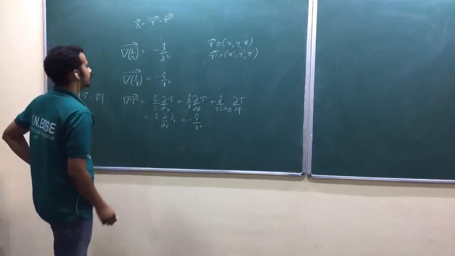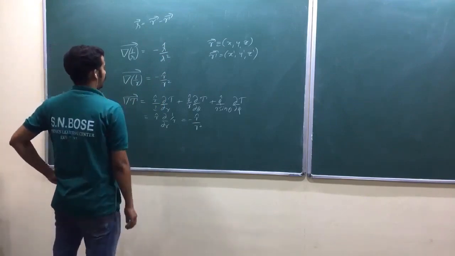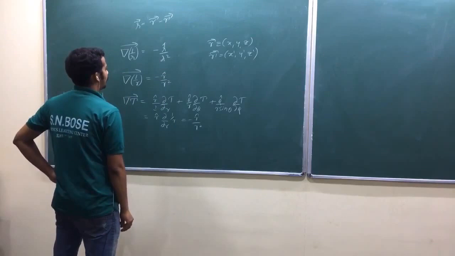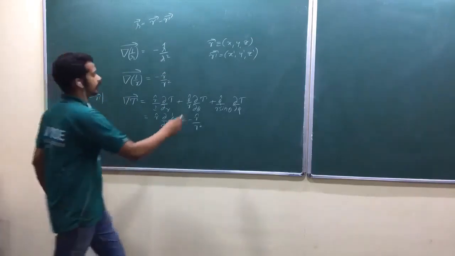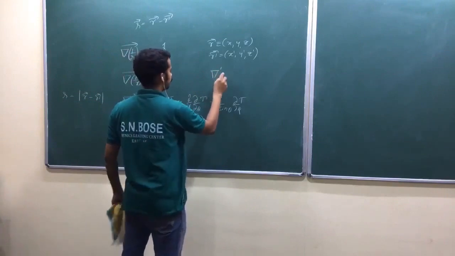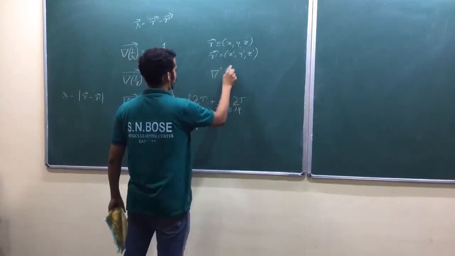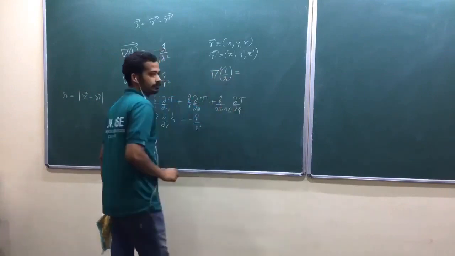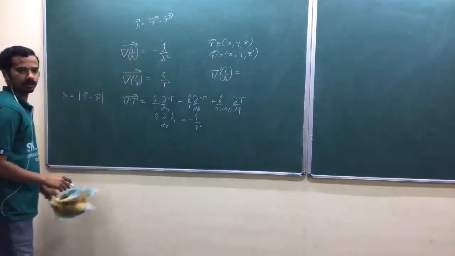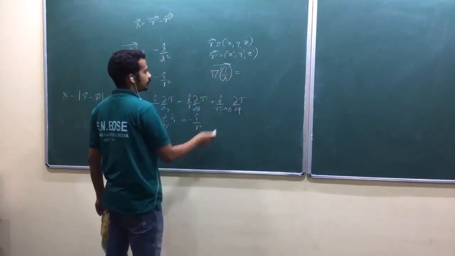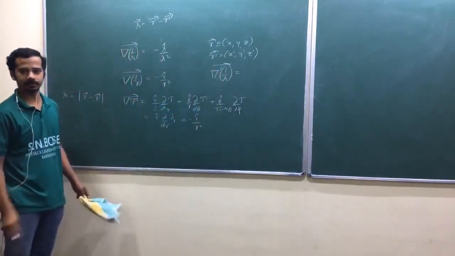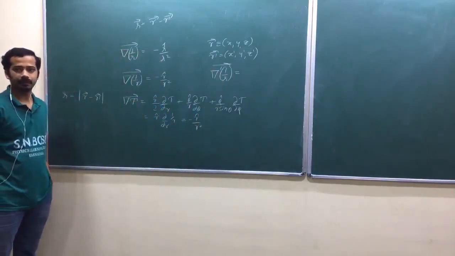It's needed. Wait a second. So now, let me complete my argument. If it is del prime of 1 by italic r, what would it be? I'll get to my point, why I have written del prime. This is now differentiation with respect to x prime, y prime, z prime.